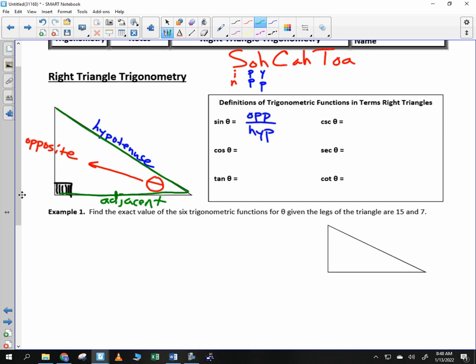What does the C stand for? Cosine. And what does the A stand for? Adjacent, and the H stands for hypotenuse. So cosine is the adjacent divided by the hypotenuse.